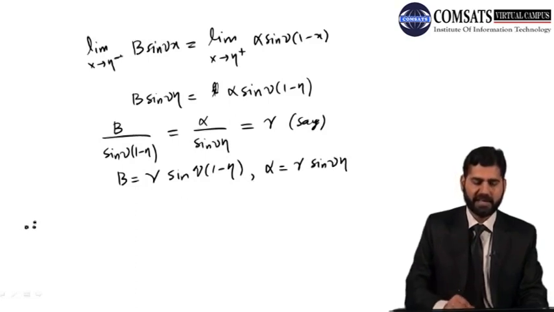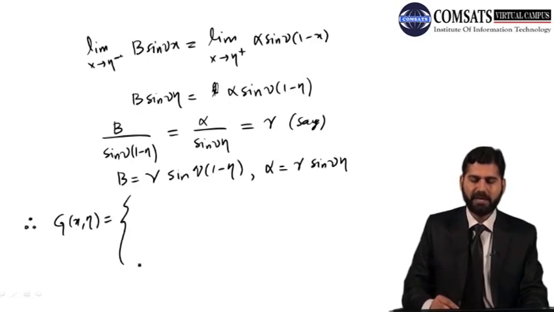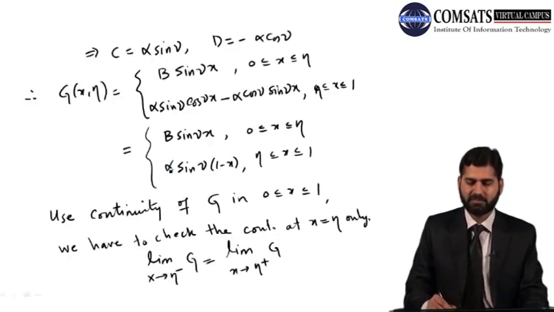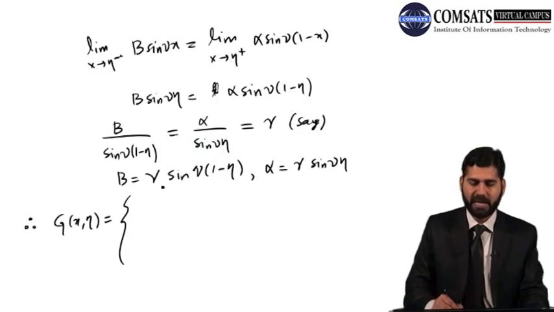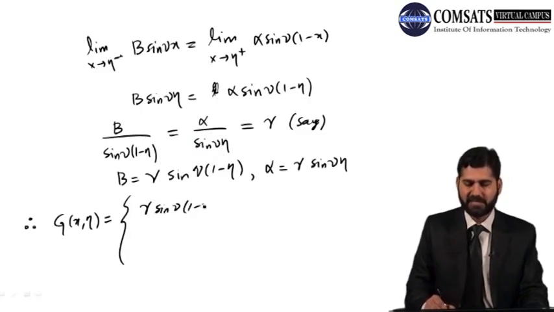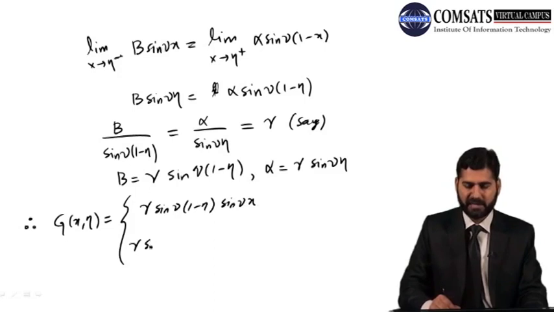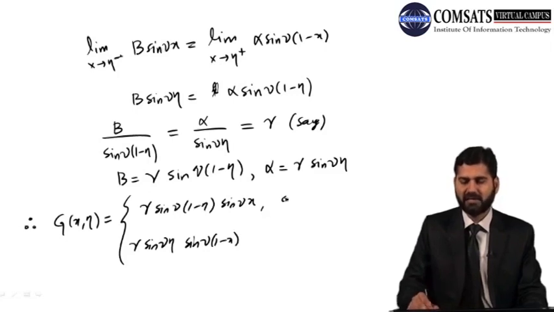So therefore g(x, eta) will take the form: it was b sine nu x, but b has become gamma sine nu (1 minus eta), so gamma sine nu (1 minus eta) sine nu x, and here alpha becomes gamma sine nu eta, and you had sine nu (1 minus x). So this is what you are getting.